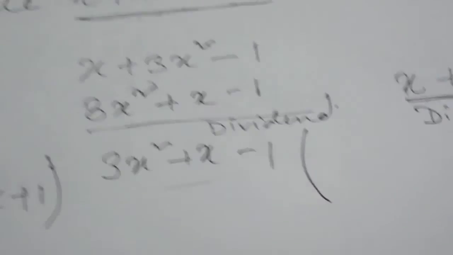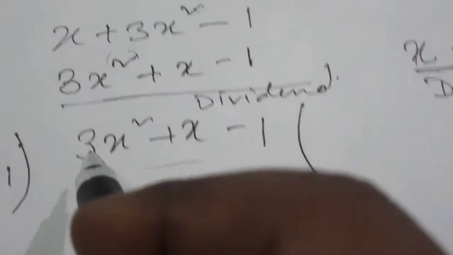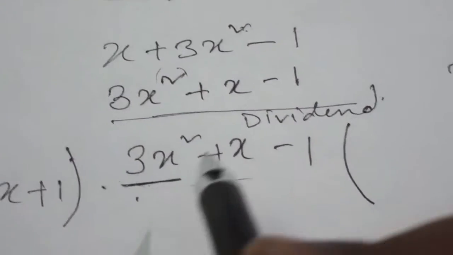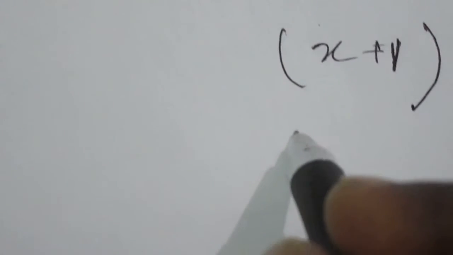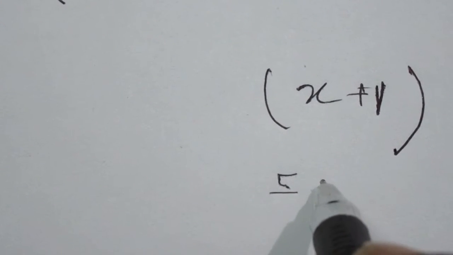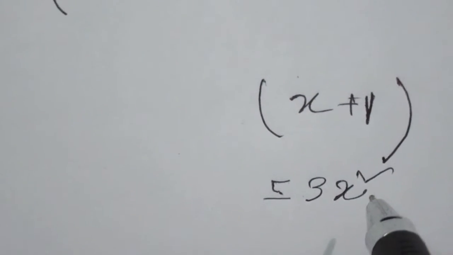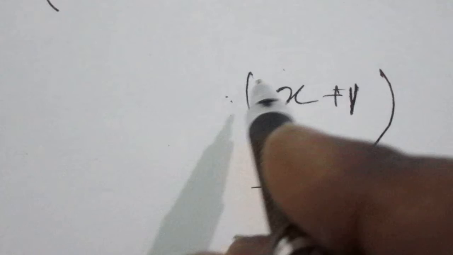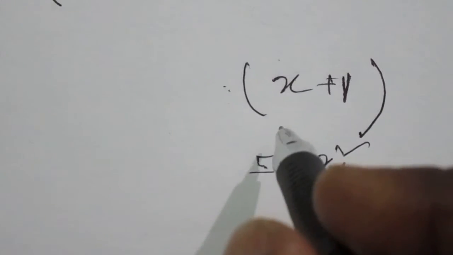Here the polynomial is 3x square plus x minus 1. So what is the first term of this dividend? The first term of the dividend is 3x square. So we have to think what I must multiply with this whole term so that the first term we get is 3x square.